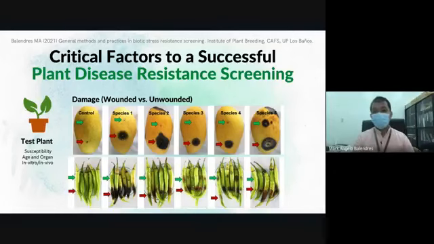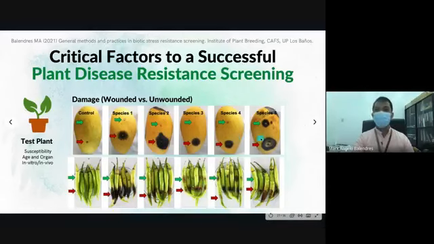The aim of the wounding is actually expediting the process, because in the field, even though you don't wound them, there are insects, there are physical factors that would lead to wounding. So you are trying to include factors here that would allow the pathogens to enter your host tissue. A good example is fruit anthracnose caused by Colletotrichum.